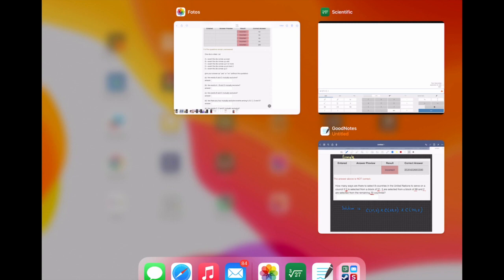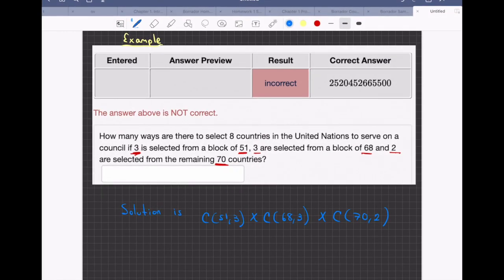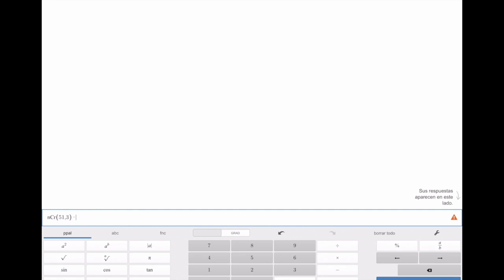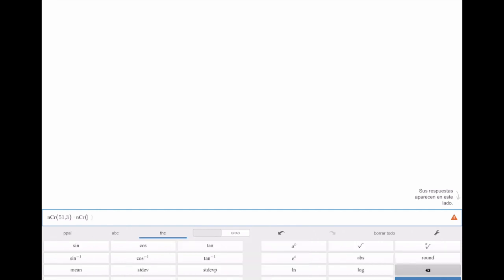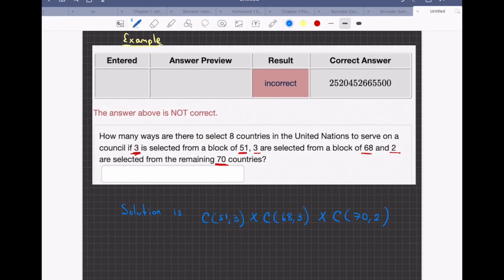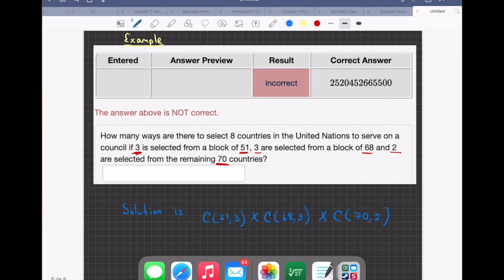You have your tablet or iPad or your iPhone or your cell phone. I think it's a very good application. It's free. The other one is 68, 3 times combination 70, 2.